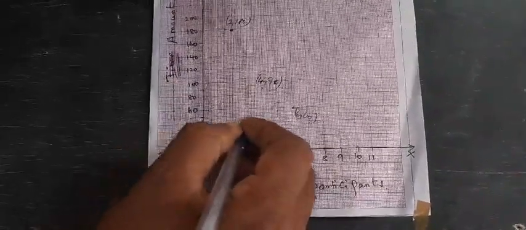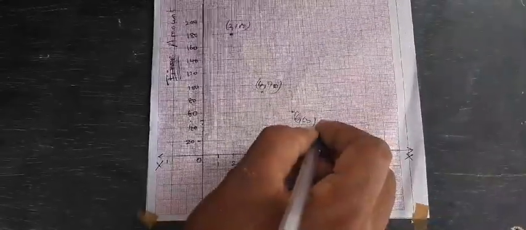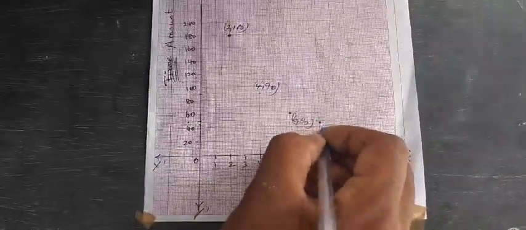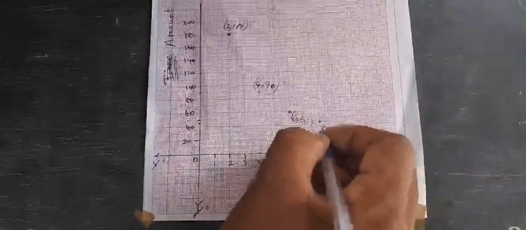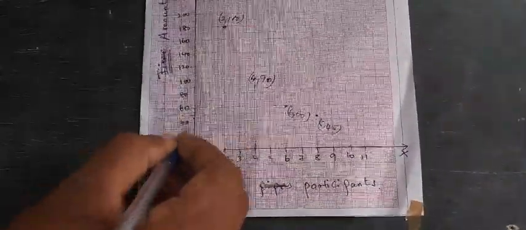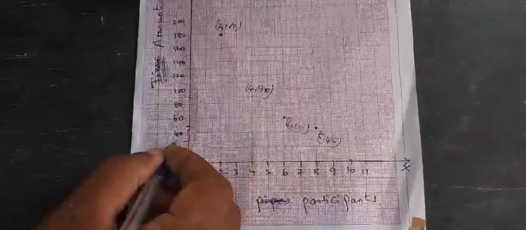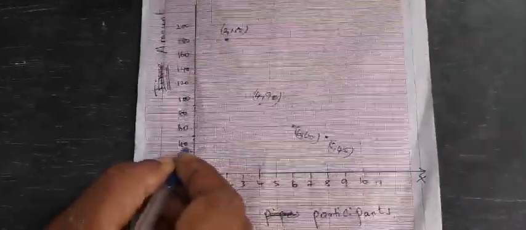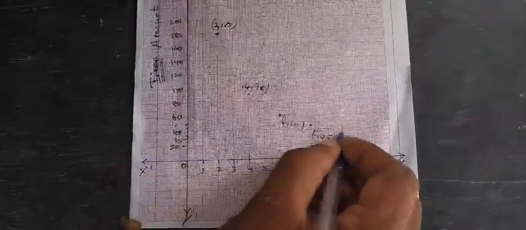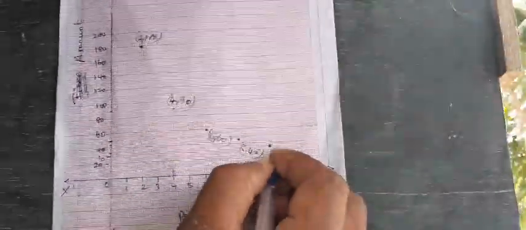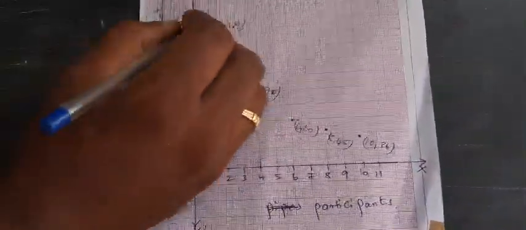So this is 8 comma 45. Then 10 comma 36, 10 will be here; between 30 and 40, 10 units, in the center 36. 10 comma 36. In indirect variation we have to draw the curve like this.